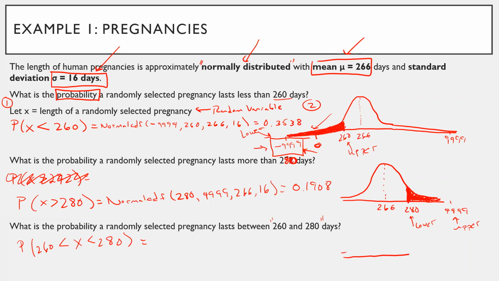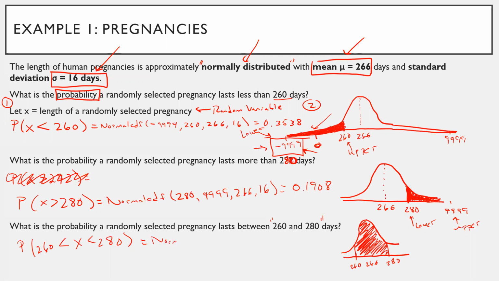So I'm going to sketch the drawing. Yes, that's correct. It's going to be 266, and I want to find between 260 and 280. That is correct in the chat, Leonardo. But let me walk through this. I want to find this red shaded area.